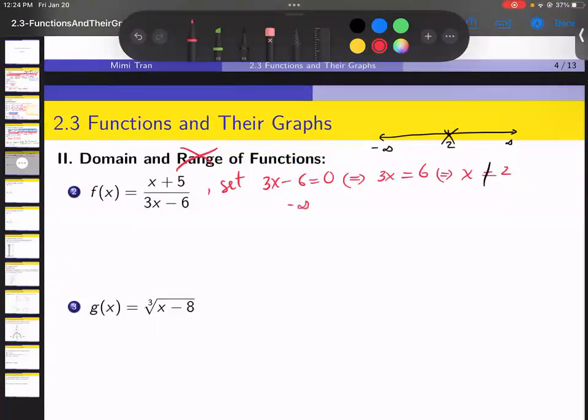I take everything from negative infinity up to 2, bracket or parenthesis around 2? No, I see somebody shake their head, so it's going to be parenthesis. What does parenthesis mean? Yeah, 2 is not included. You get up to 2, like 1.9999, very close to it, but never quite at it, right? Union, start from 2.00001, right, up to infinity.